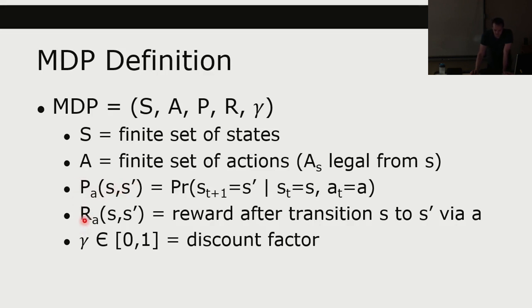Down here we have the rewards. So the rewards are R of A, S, S prime. And what this defines is the reward after transitioning from state S to S prime using a particular action A. The reason it's phrased like this is that you may be able to get from one state to another state via 2 different actions, right?